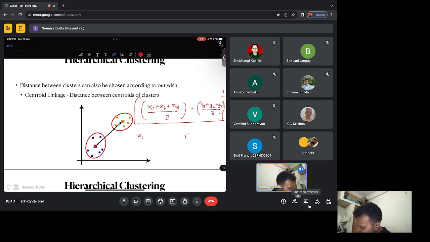So x1 minus y1, plus x. Why is this happening? The distance is x minus y whole square.